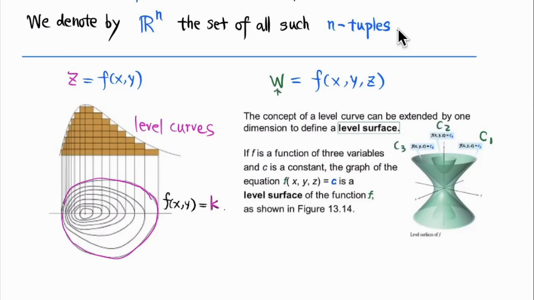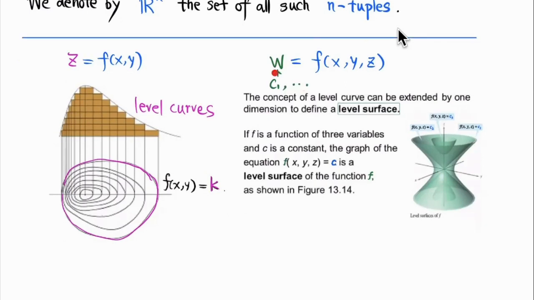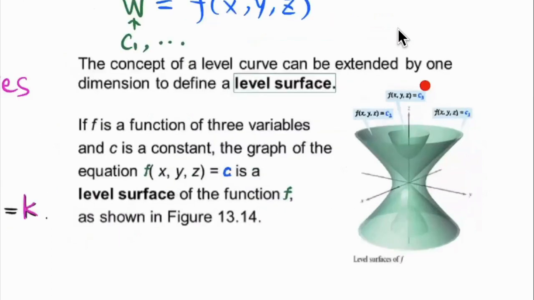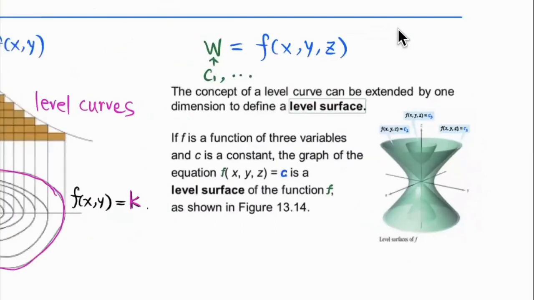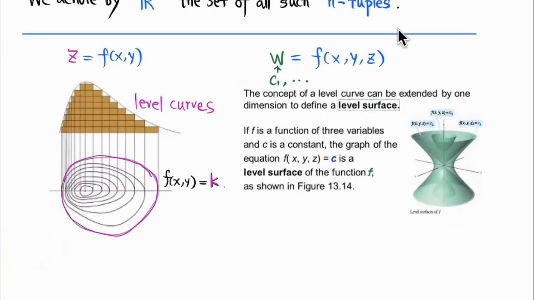So we let this w be C1 and then C2, etc. You say w equal to C1, you get this surface; w equal to C2, you get this surface; you let w be C3, you get this surface. And by letting this w be different constants, we get different level surfaces. When we put those level surfaces together, we have a better idea of how this function behaves.